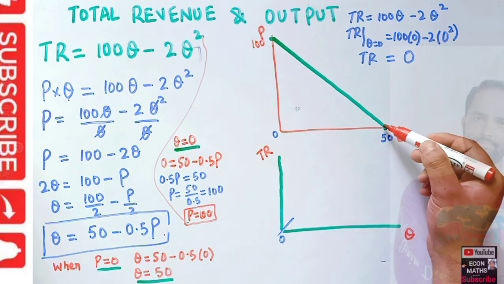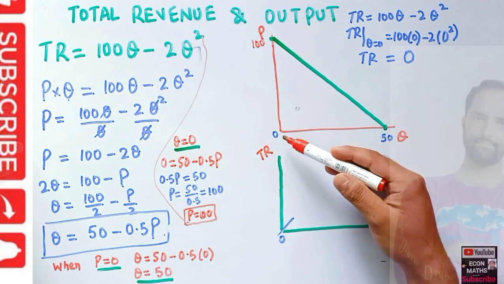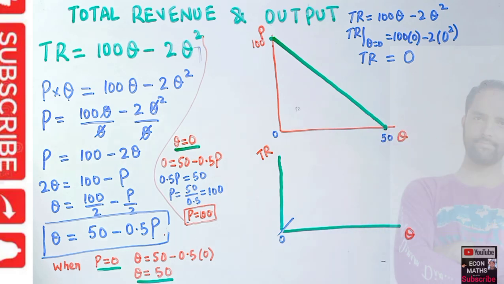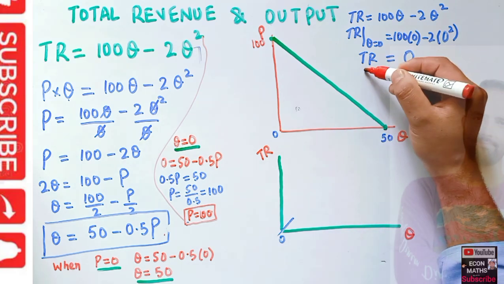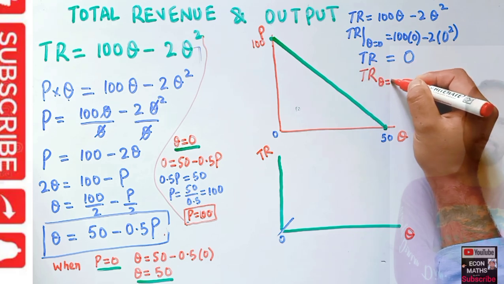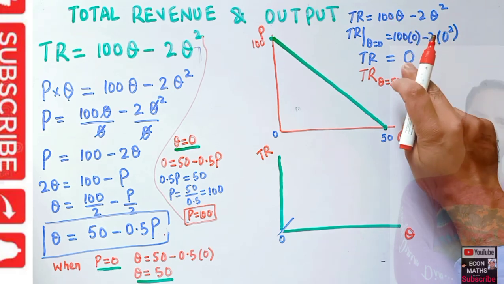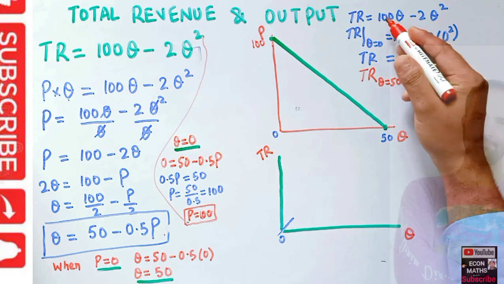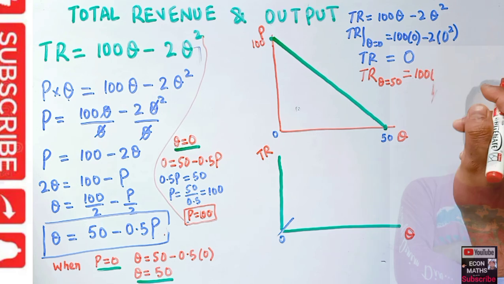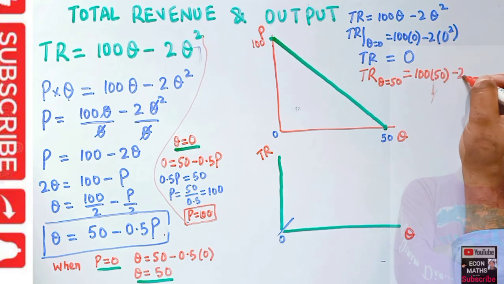Now what about when price is 0? As I have told you, when price is 0, output is 50. So corresponding to this, what will be our total revenue? Total revenue when output is equal to 50, just plug q is equal to 50 in our total revenue function. So we have 100 into 50 minus 2 into 50 square.